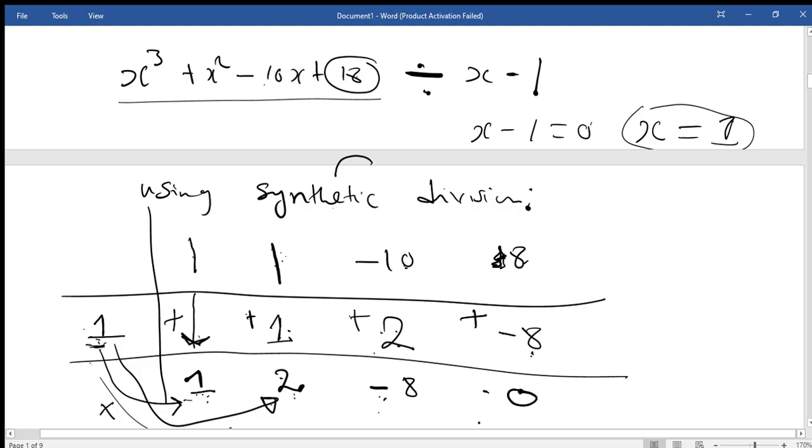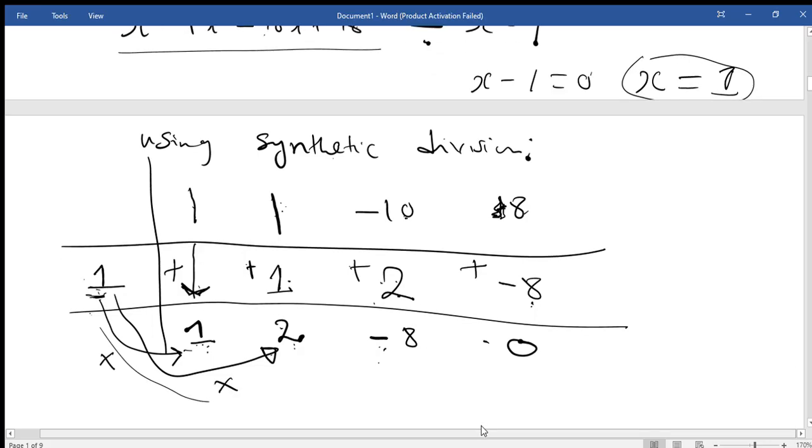So when we divide the polynomial with that factor, what are we having?